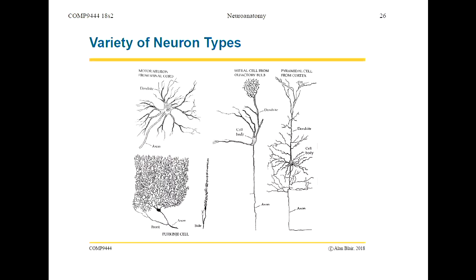But inside the brain, there's quite a variety of different shapes. This one here in the top left is one of those motor neurons. You see how it has this very long axon.